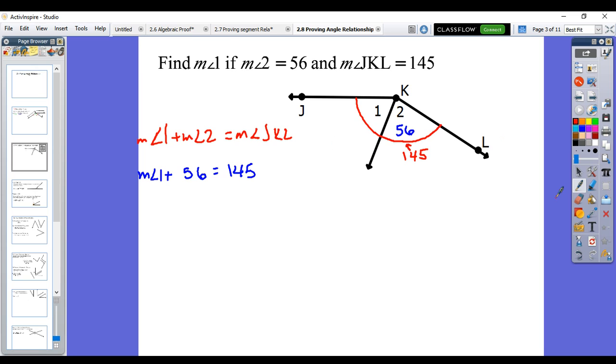Yep, we're subtracting 56 from both sides, leaving us the measurement of angle 1 to equal, what would that be? 145 minus 56. Yes, good job, y'all. 89. So the measurement of angle 1 is 89.